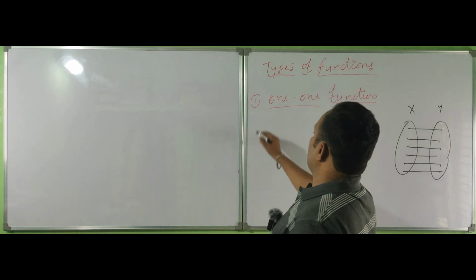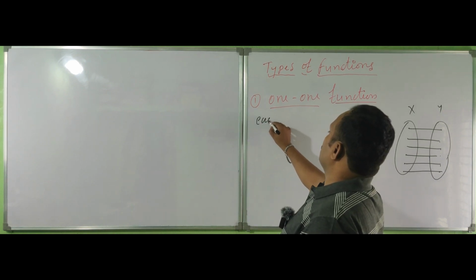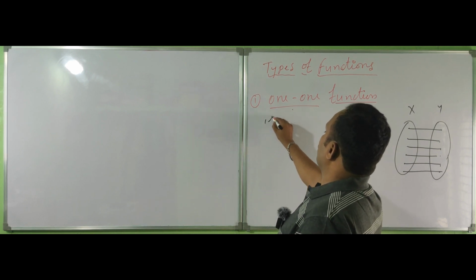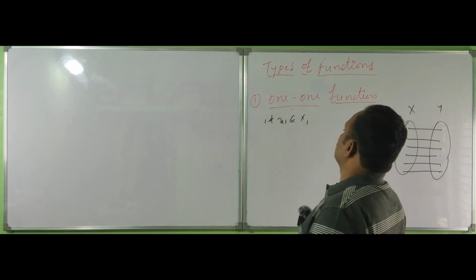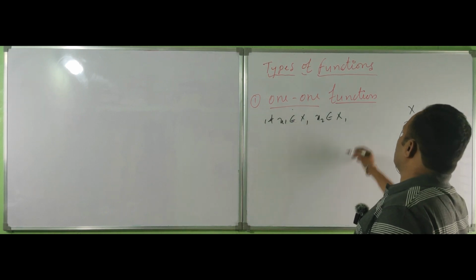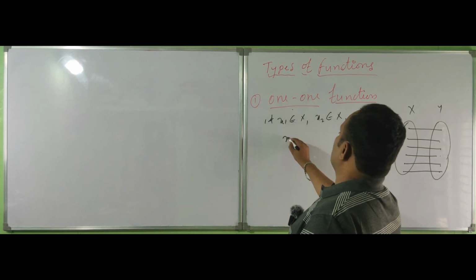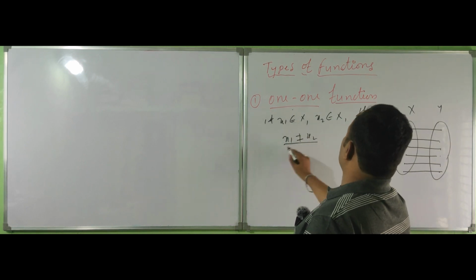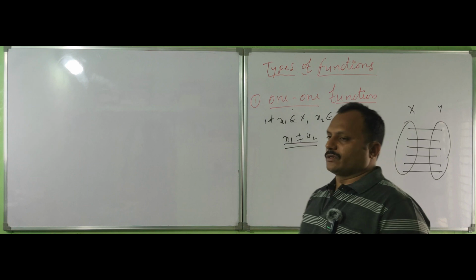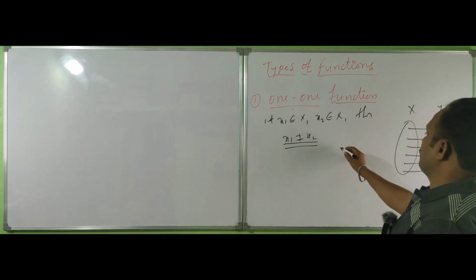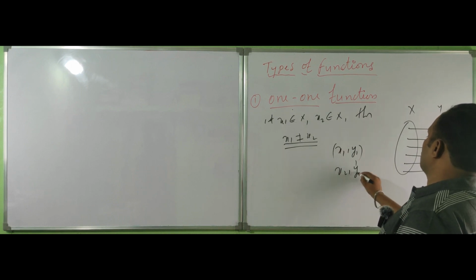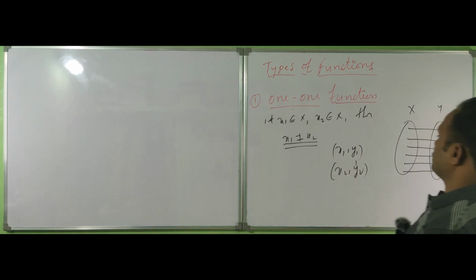Each element of x has a distinct image. If x1 belongs to x and x2 belongs to x, and x1 is not equal to x2, this is the first condition. It means x1 has a different y1 and x2 has a different y2, compulsorily.